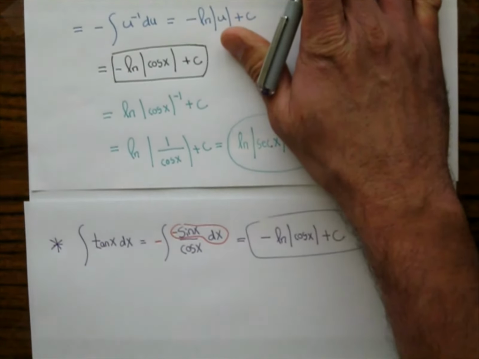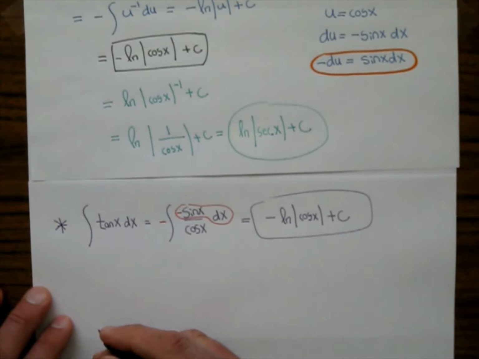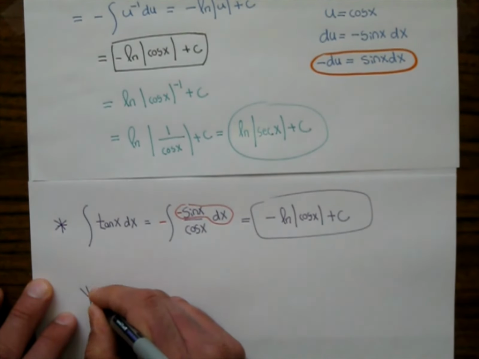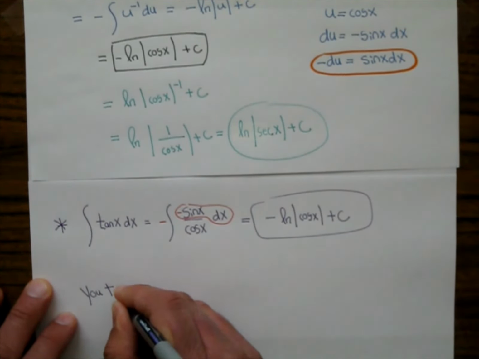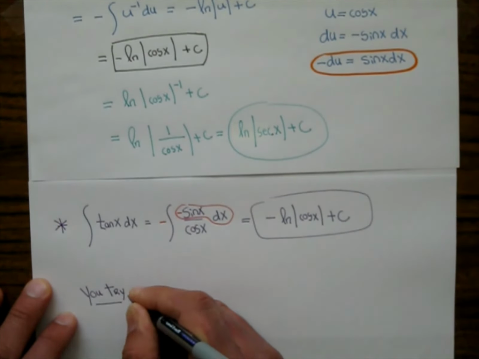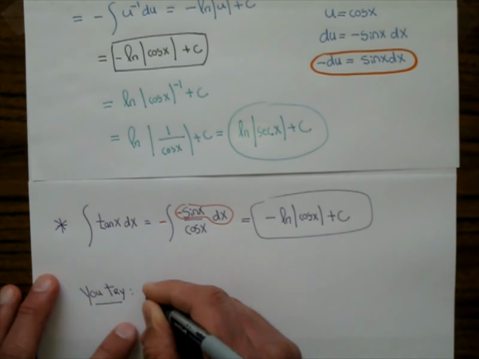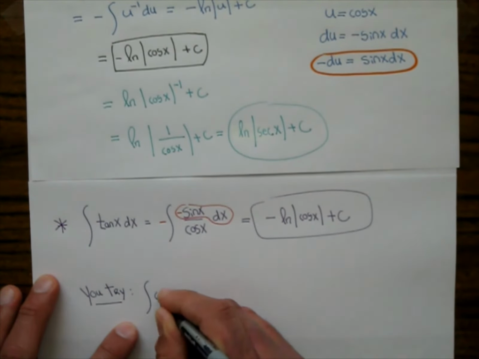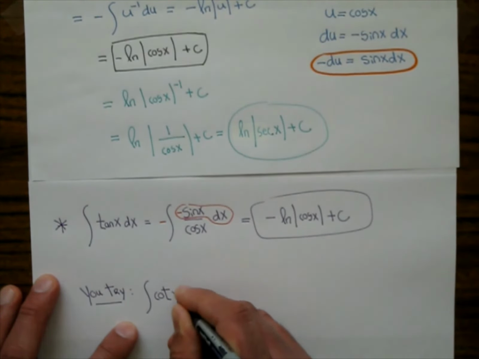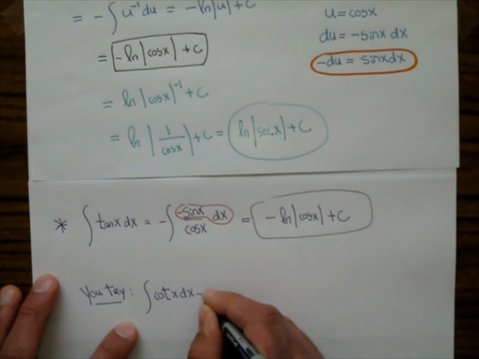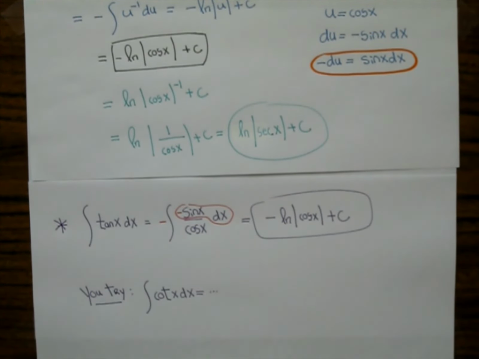Okay, so you try, because now we can do another one that you didn't know about. You can try the integral of the cotangent x dx, and that will work out the same way.